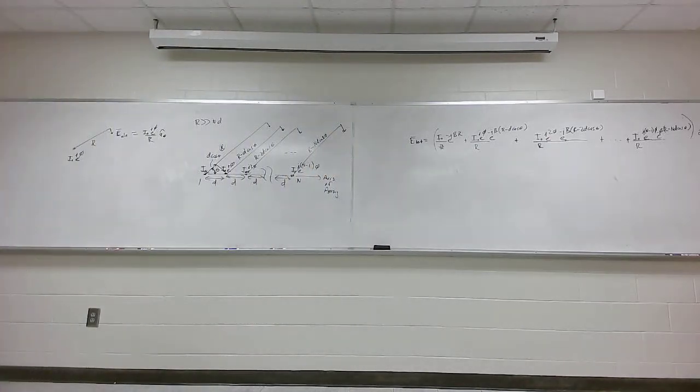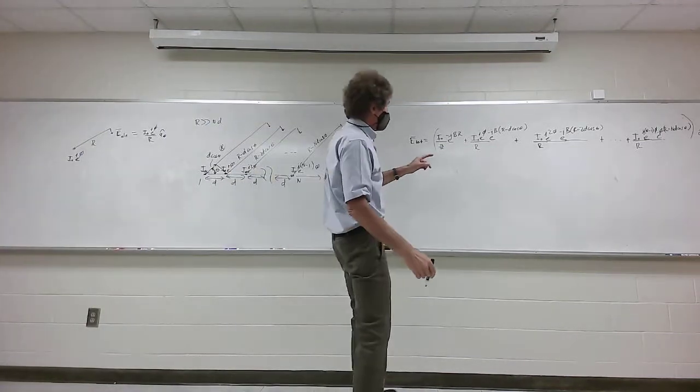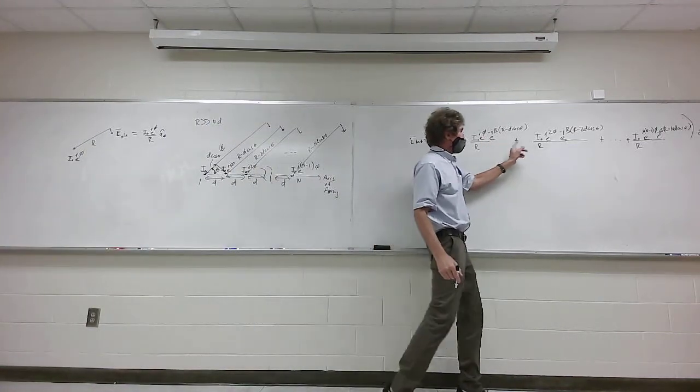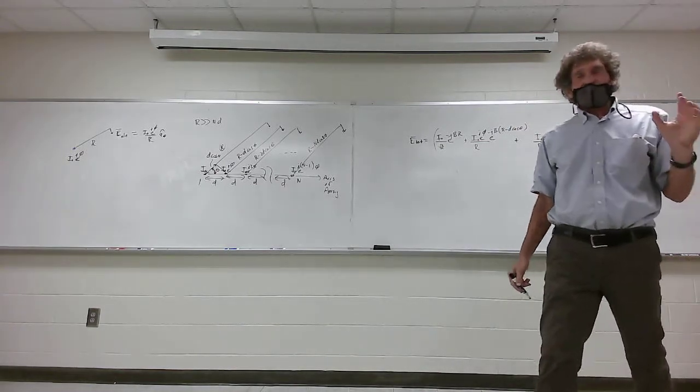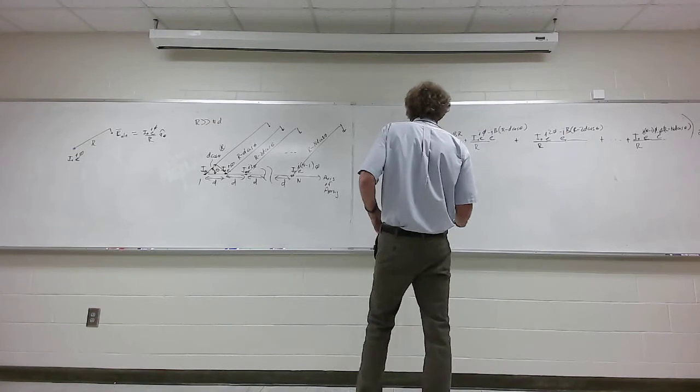But some of you are looking at this and you can see a lot of redundancy, right? You see the I naught appears in every term. You see the 1 over r appears in every term. If you look carefully, you all see that e to the minus j beta r appears in every term. Y'all with me? So all that stuff is going to get factored out.